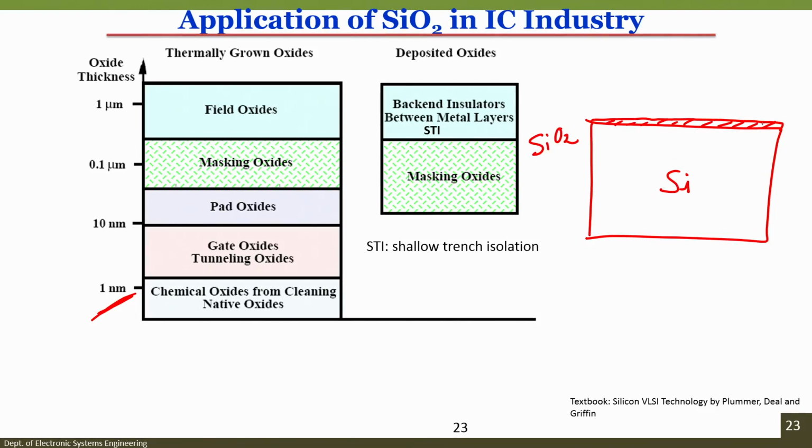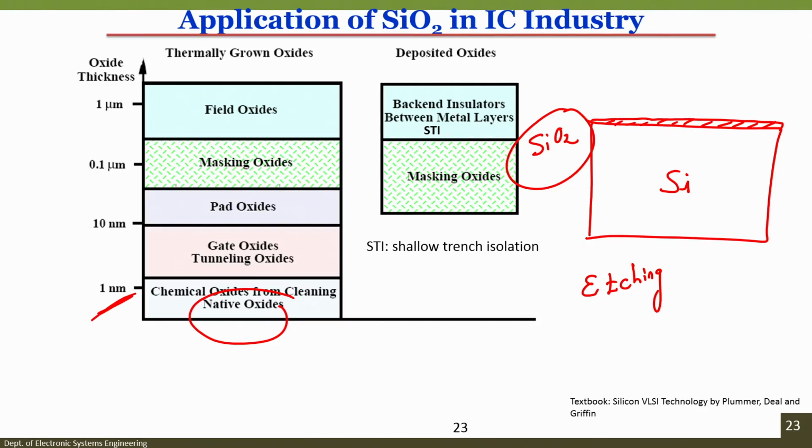To remove it, the technical term is etching. We etch the silicon dioxide from the silicon, which is your native oxide. This is called native oxide because we have not done any particular process to form the silicon dioxide.